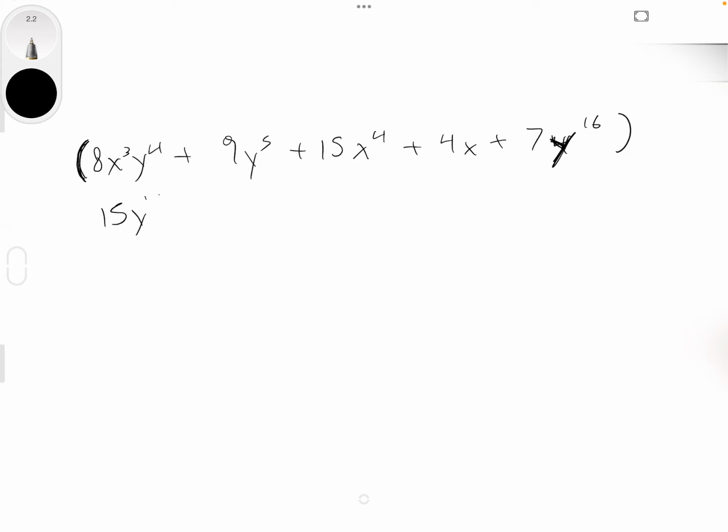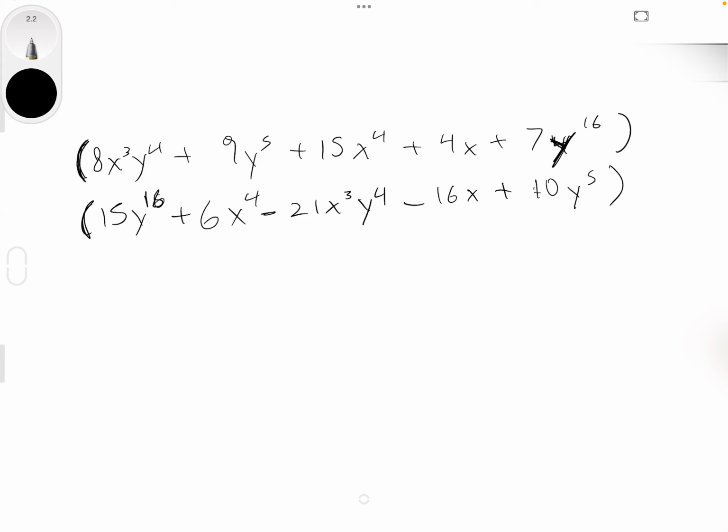15y to the 16th plus 6x to the 4th minus 21x to the 3rd y to the 4th, minus 16x plus 10y to the 5th.